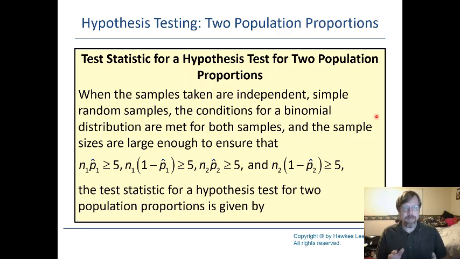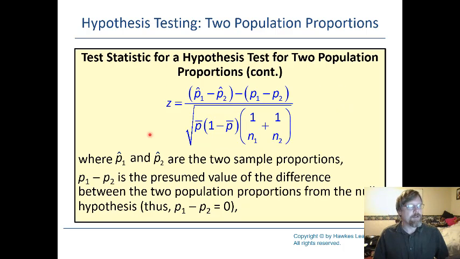This is just a repeat of those conditions. Again, binomial distribution for the samples, these sample size limitations, independent samples, random samples. In this case, with those conditions met, here's our test statistic.